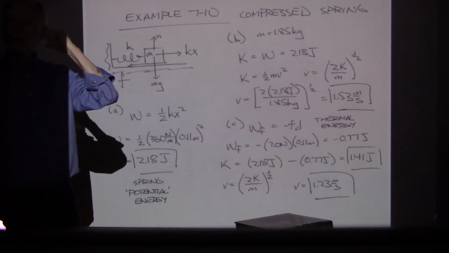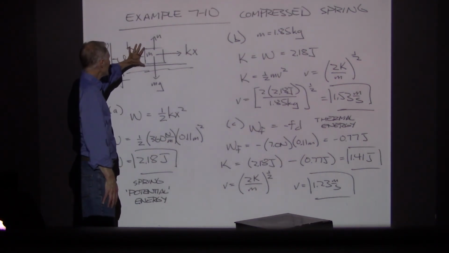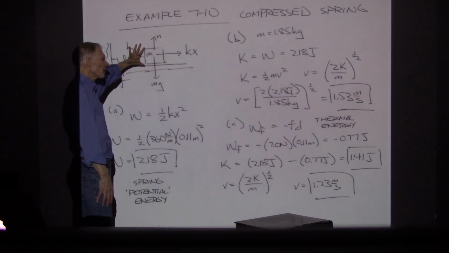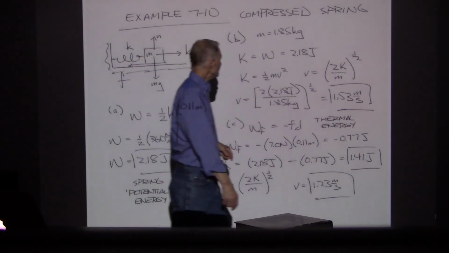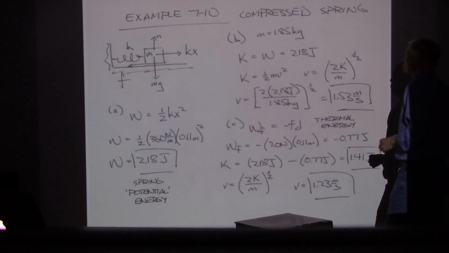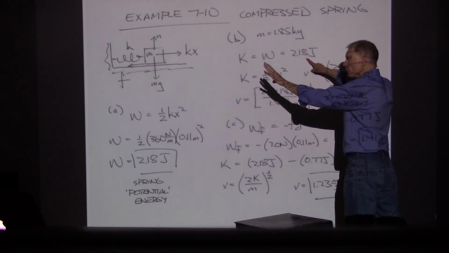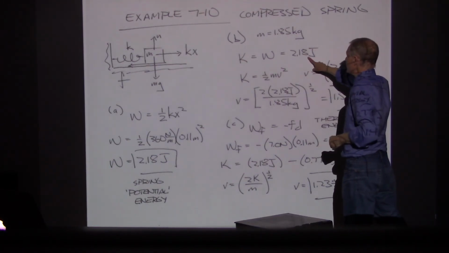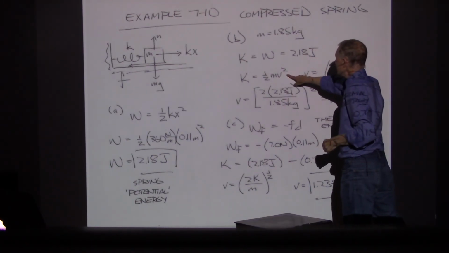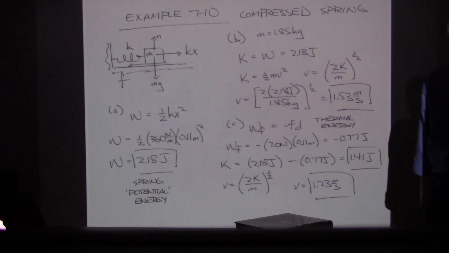I drew this force diagram, but I didn't really need to draw it with all that detail. So the stored energy in the spring is all going to show up as kinetic energy in the block. Now the kinetic energy formula is 1/2 mv squared.